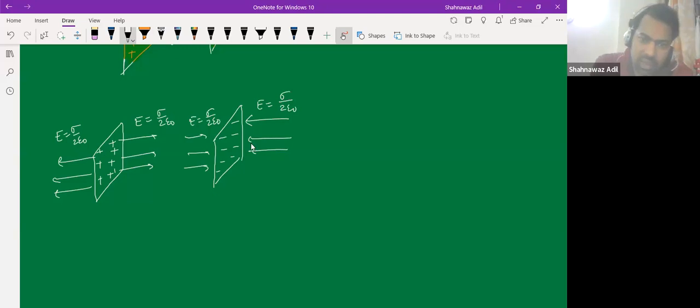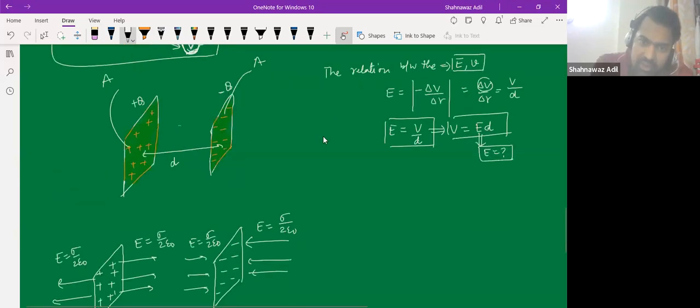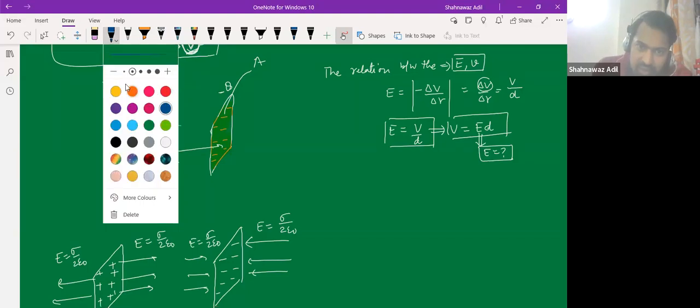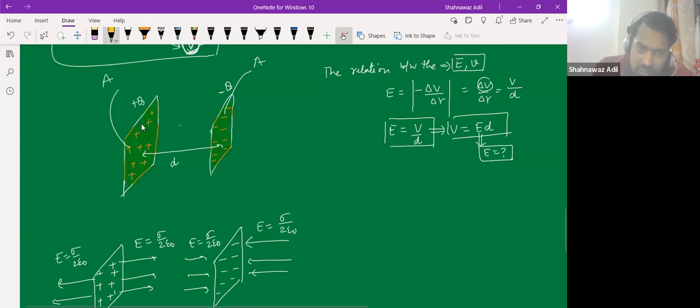Okay, so now we have this thing. Now let us use that idea. I will write with a different color. For the positive one, there are three regions. In this region, due to this one, we will have outward electric field, and that is sigma by 2 epsilon naught.